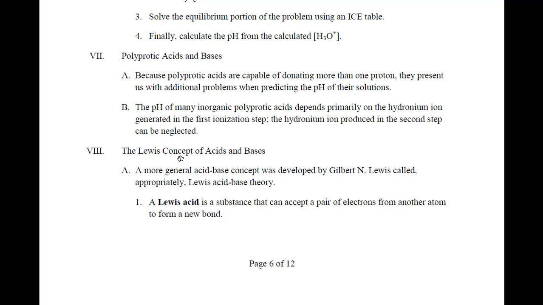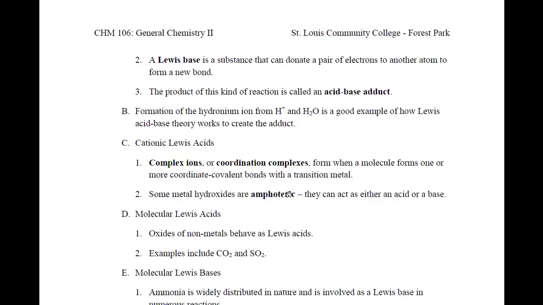But when you get to how organic chemistry works, you will be exclusively using the idea of Lewis, where a Lewis acid is a substance that can accept a pair of electrons from another atom to form a new bond, and a Lewis base is a substance that can donate a pair of electrons.